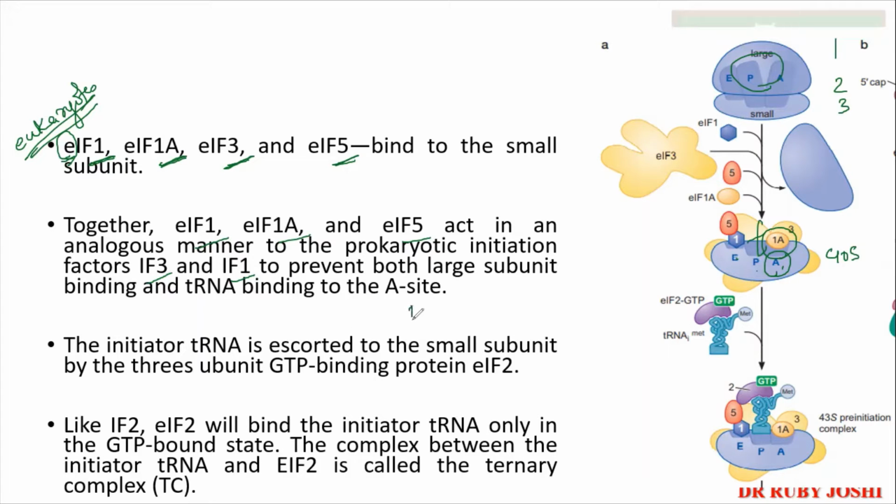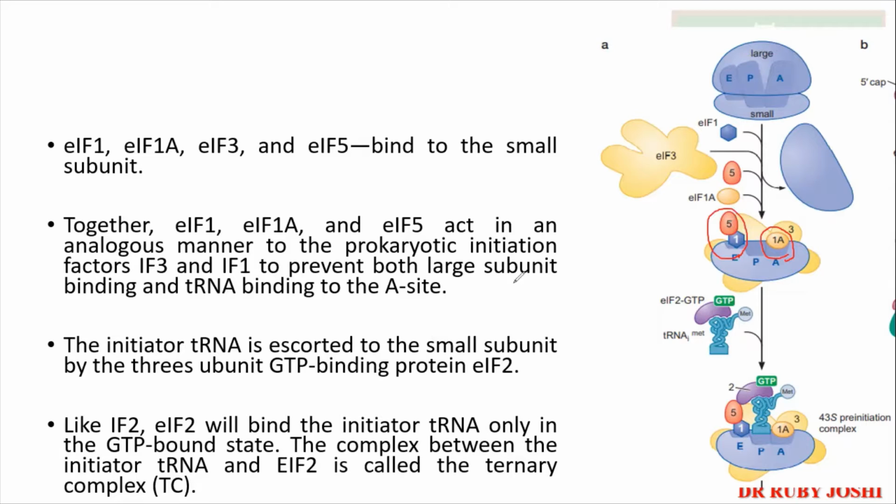The function of IF1 and 3 is being done by eIF1, eIF1A and eIF5. ठीक है, okay. If you see, can you see that over here you have got the 1 as well as 1A and 5? Can you see the locations clearly? So you can see that prevention of tRNA binding is being done by 1A. Is it clear? Prevention of binding of the large subunit is done by 1 and 5.